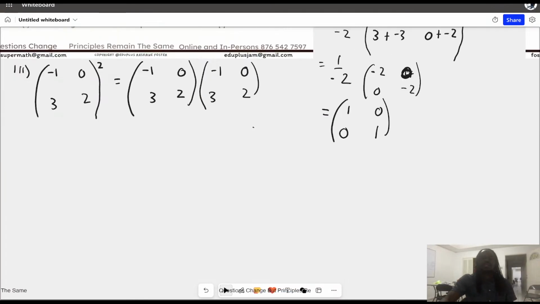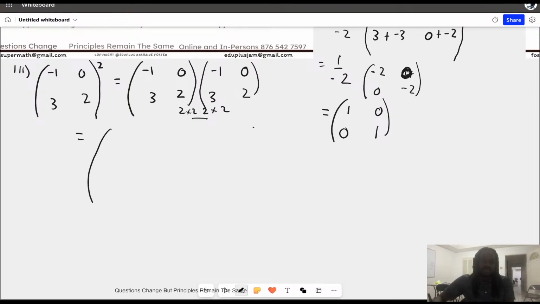So multiply that normally like how we have multiplied all of those other ones. That's a 2 by 2 and a 2 by 2, and you should understand that these can be multiplied. So let's go. Row by column.